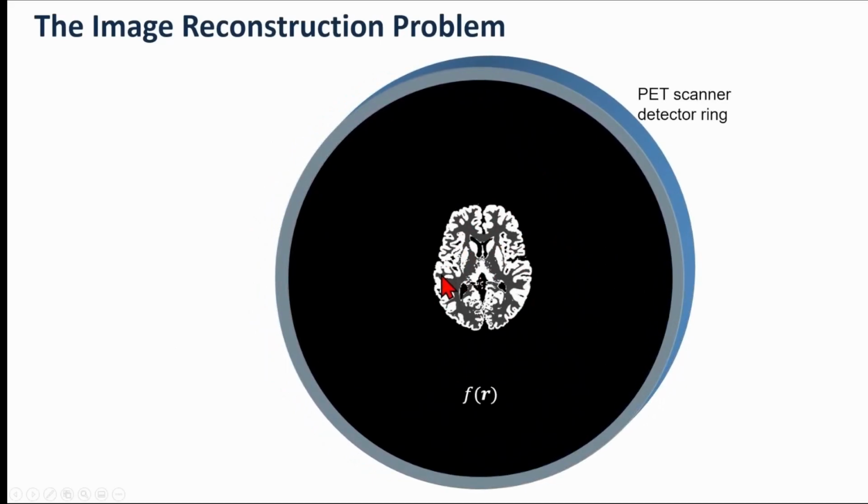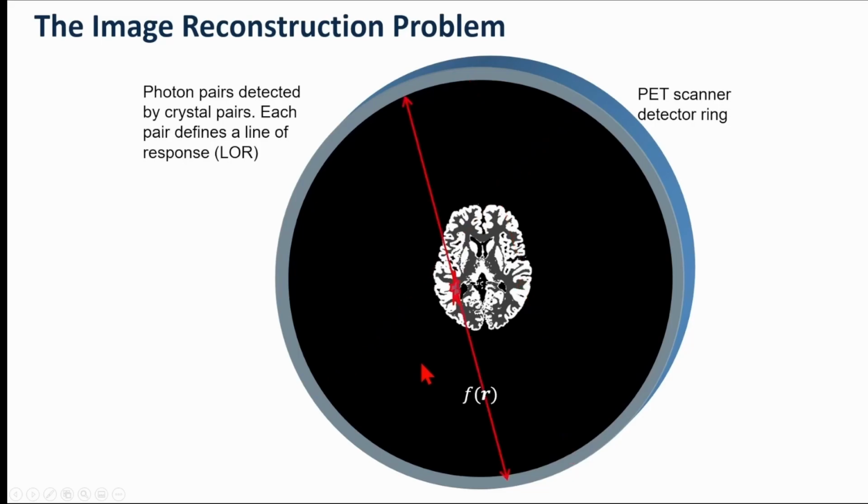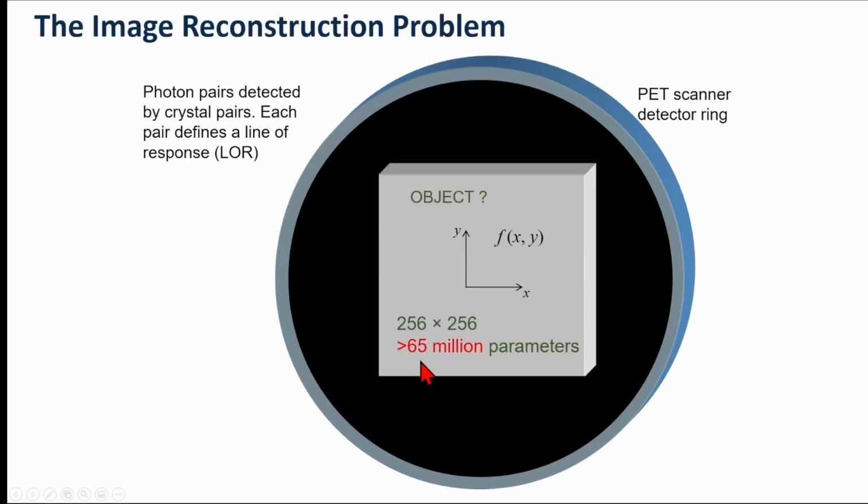We've got this slice of the brain, this radiotracer distribution inside the field of view. And that's giving off back-to-back photon pairs, these high-energy photons escaping from the brain. There are other factors that go on there, but we'll just keep a simple model here of just back-to-back photon pairs being detected by the ring of detectors around the patient's brain.